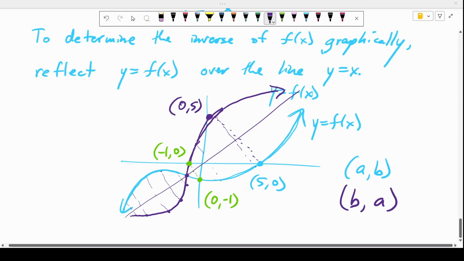Geometrically or graphically, we can find the inverse by reflecting y equals f of x over the line y equals x. And in terms of coordinate points, we know that if (a, b) is on y equals f of x, then (b, a) is on y equals f inverse of x. And that's a very important property that can be very useful.